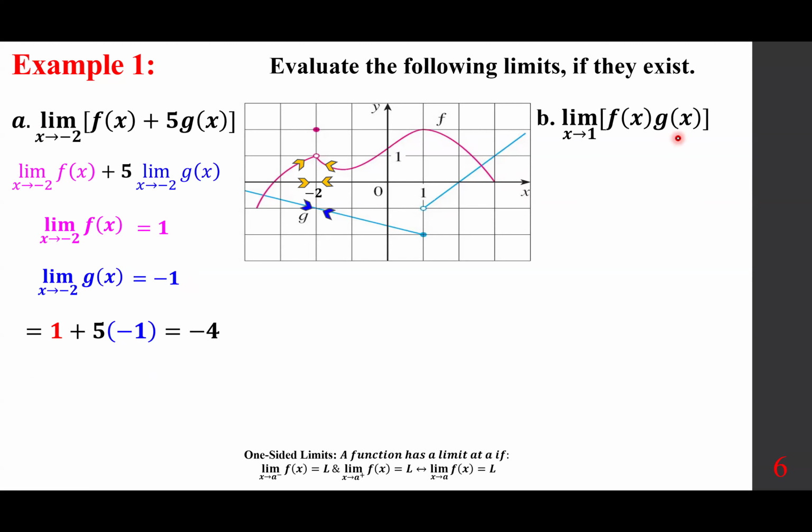The limit of f of x times g of x as x approaches 1. Again, with the limit laws, we're going to cut this into two pieces. The limit of the product is the product of the limits. And we're going to look at each piece. So the first piece is this one.